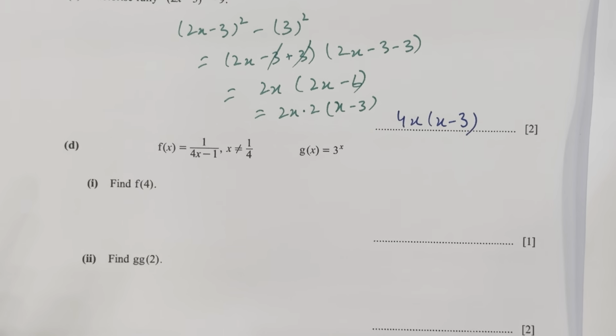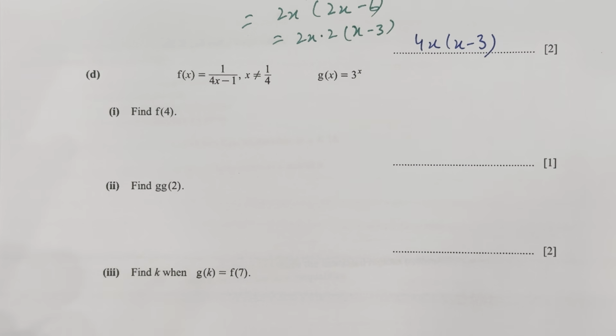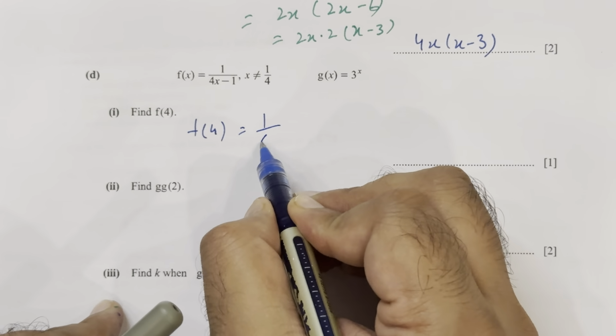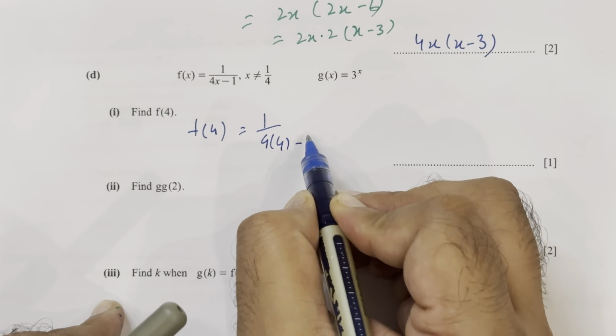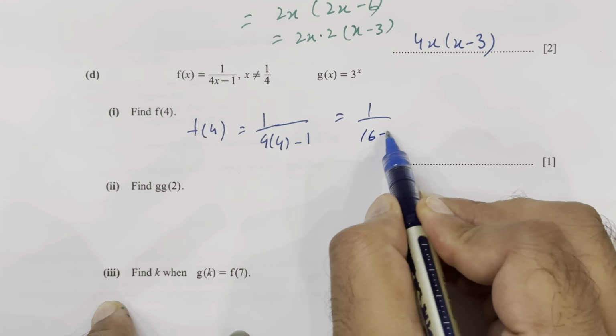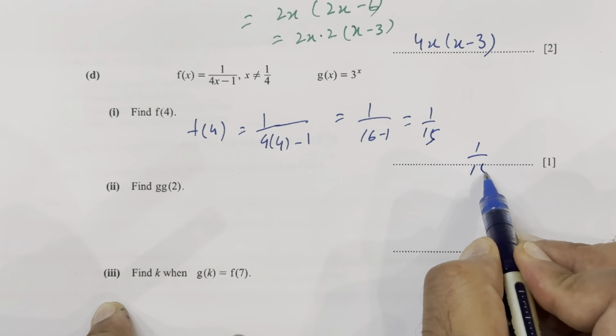Moving to its D part. D part is from the topic of function. Find f of 4. This is a simple question. You can find f of 4 by substituting. It would be 1 over 16 minus 1. This is equal to 1 by 15. So 1 by 15 would be our answer.